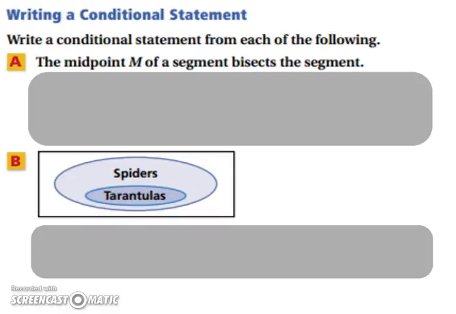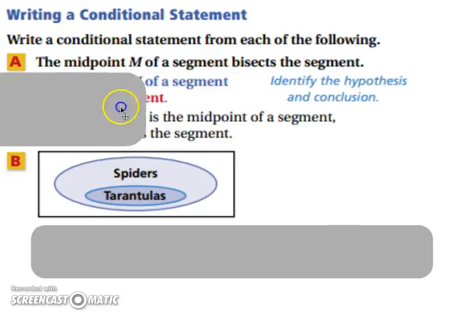Let's try writing a conditional statement now. Write a conditional statement from each of the following. The midpoint M of a segment bisects the segment. We need to make that statement into an if-then statement. Now that you've had a moment to think about it, let's look at what we've got.